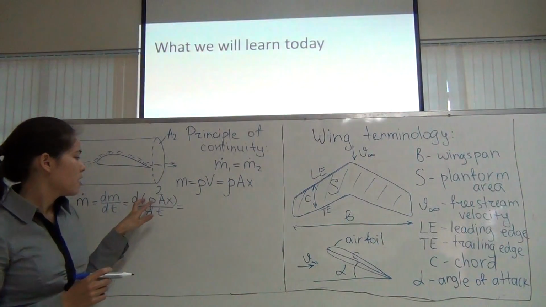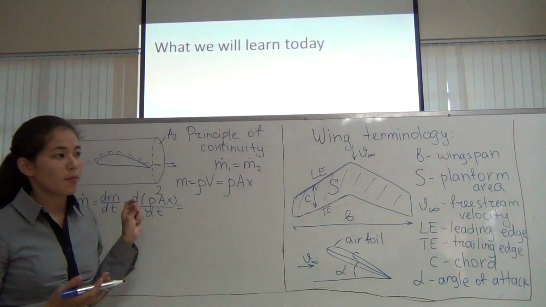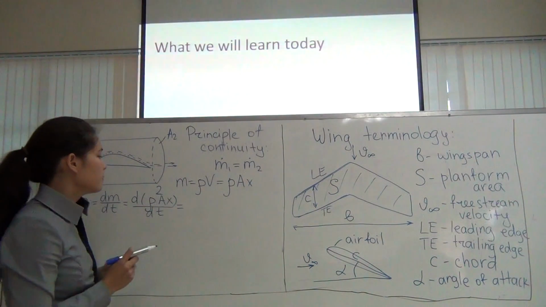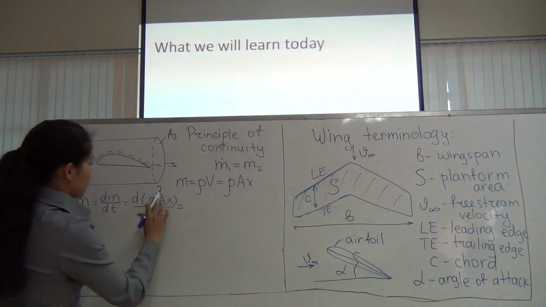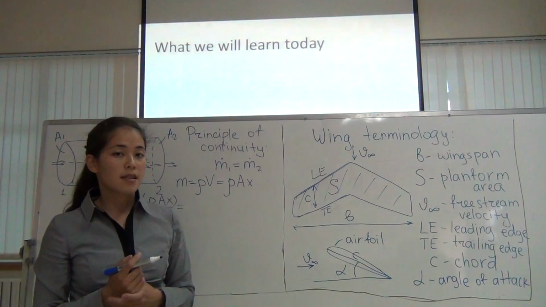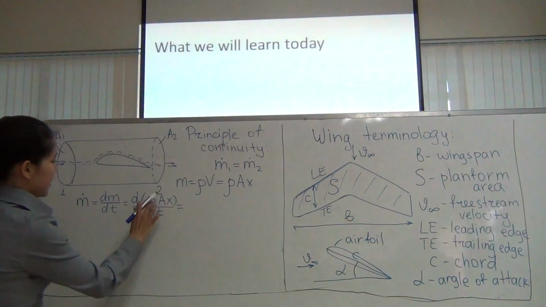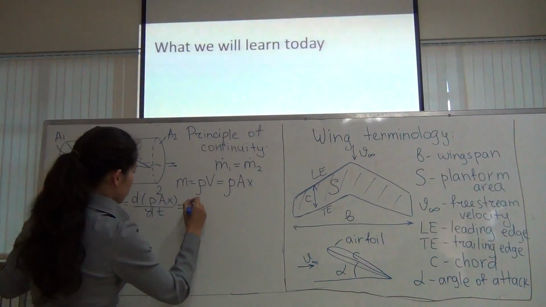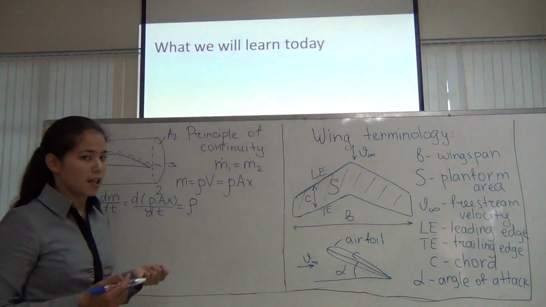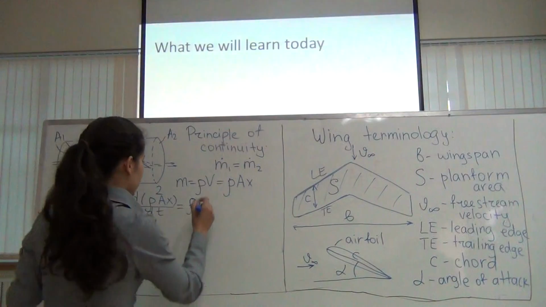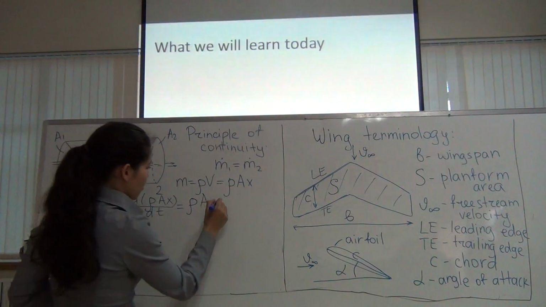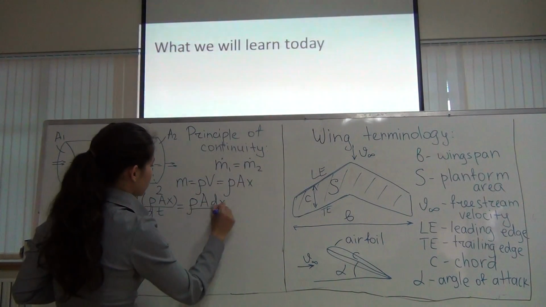That means the density of this air will stay the same if we assume not the supersonic flow. So that means the density is constant, and in this case it will be incompressible flow. So we can take density out of this expression of the derivative, and then area obviously stays the same by geometry.